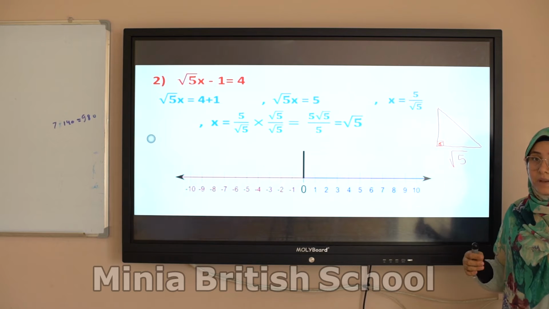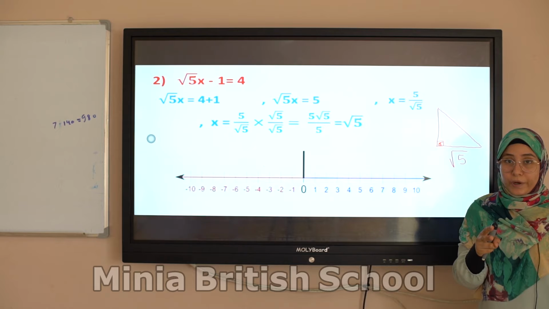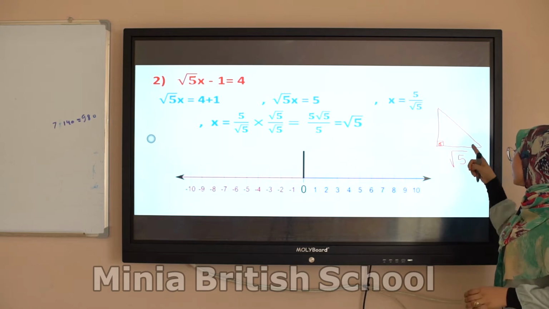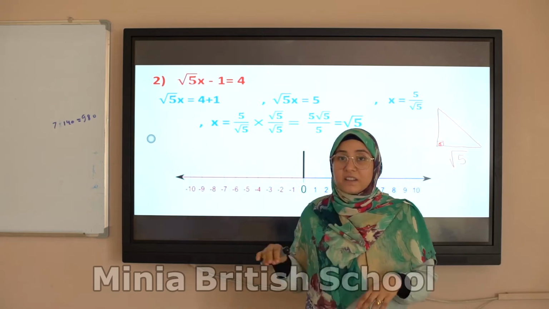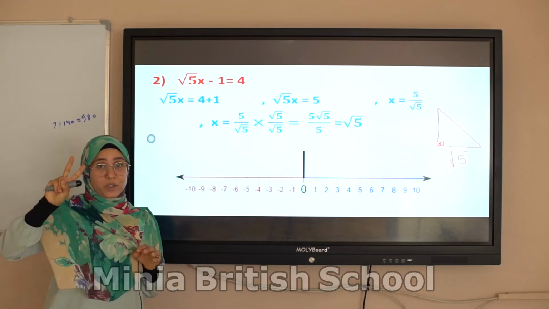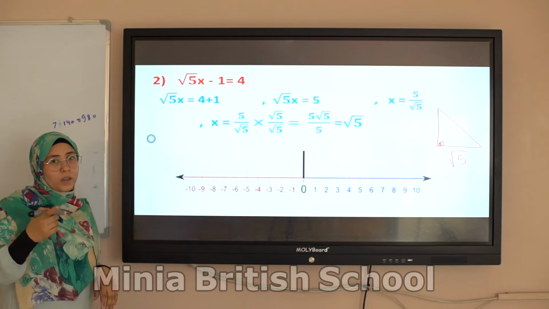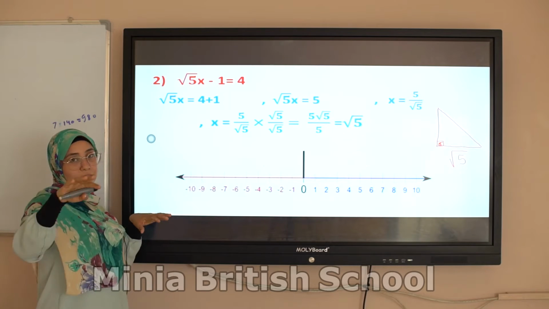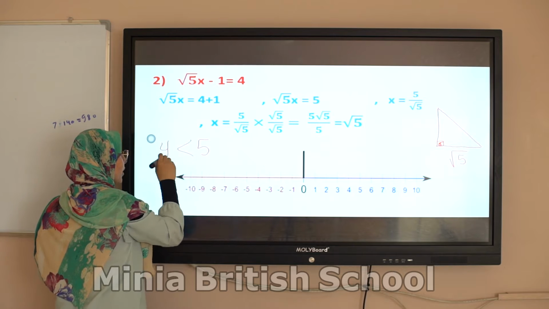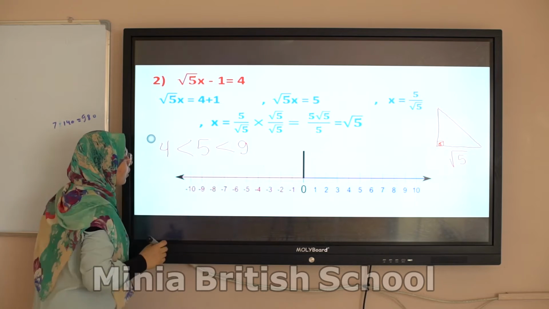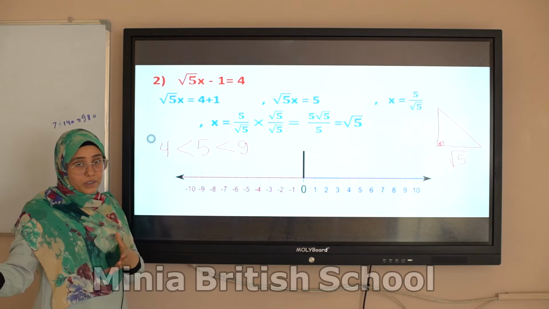So think with me, think about two perfect squares between which the number 5 lies. Yes, 4 and 9. 5 is greater than 4 and less than 9, and both 4 and 9 are perfect squares.